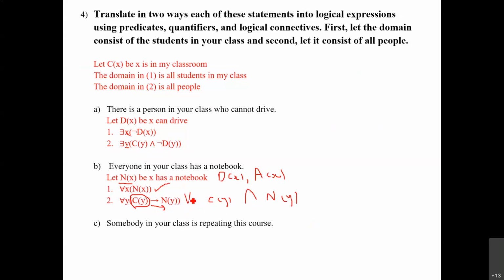If you write for every y this, it's like you're saying everyone in the world is in your classroom and everyone in the world has a notebook. No, you have to say if he or she is in my classroom, then they have a notebook. Part C. Somebody in your class is repeating this course.